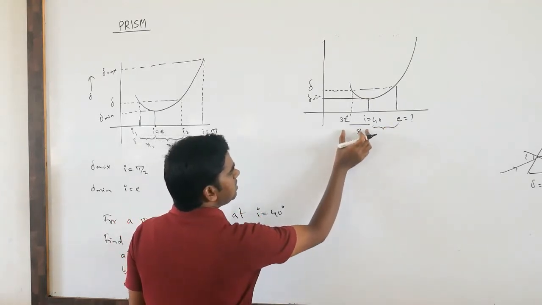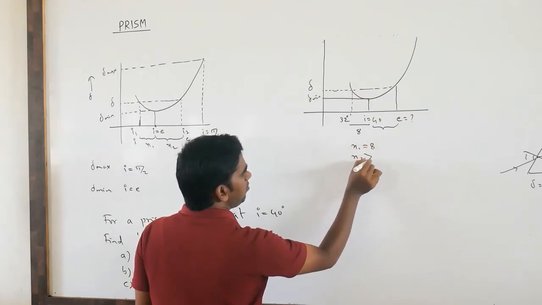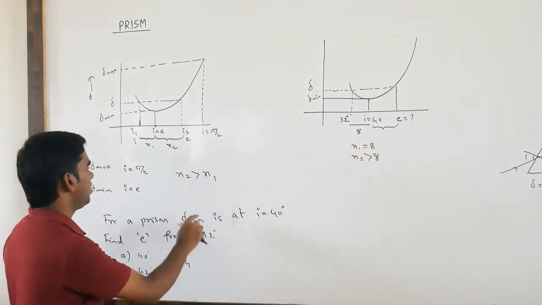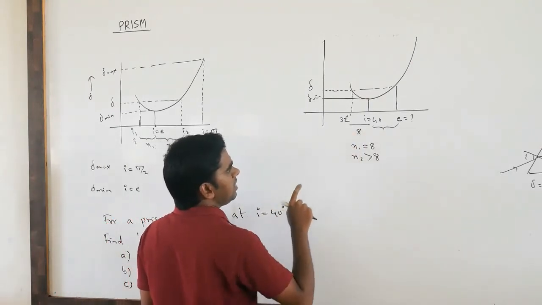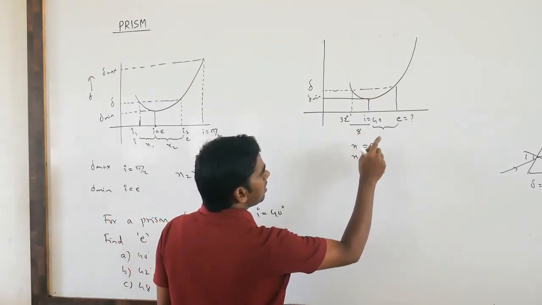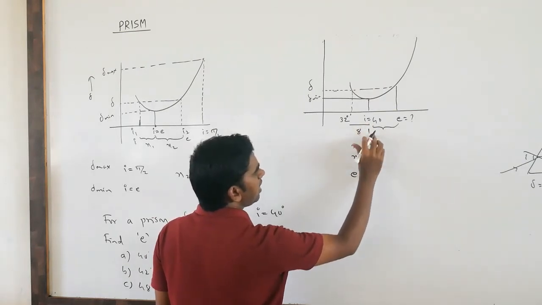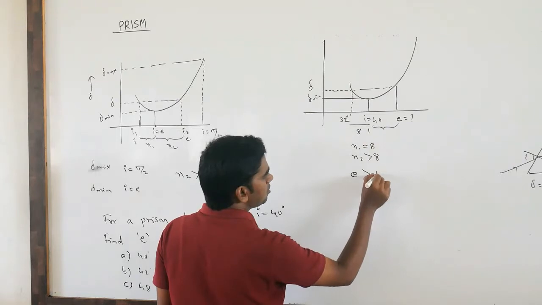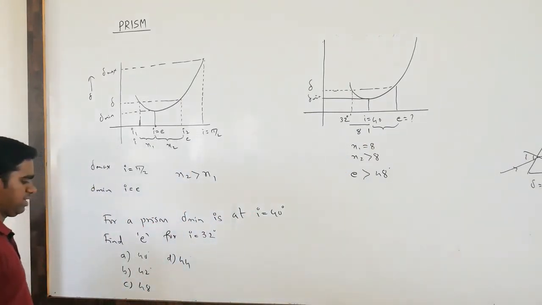If x1 is 8, x2 should be greater than 8, yes or no? Because x2 is greater than x1. That means your E should be greater than what? Till here it is 40, and on this side 8, so it should be greater than 48.